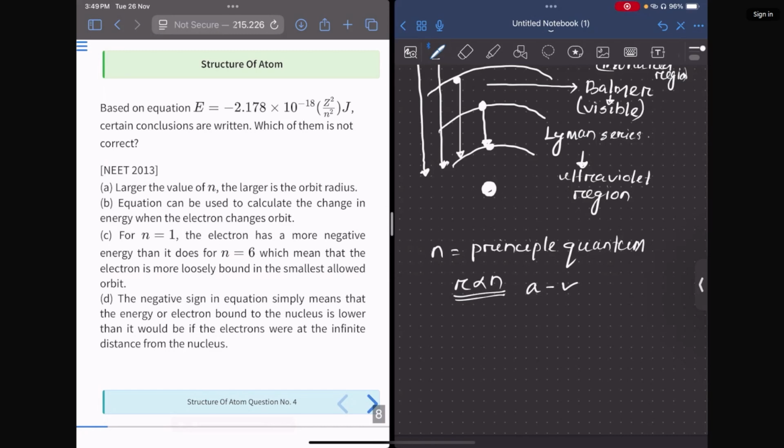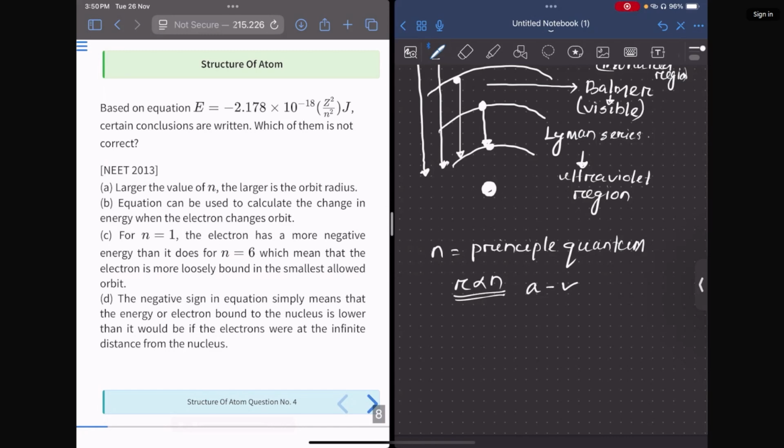Then move on to option B. Option B says the equation can be used to calculate the change in energy when the electron changes orbit. Yes, we can, because this formula E equals minus 2.178 times 10 to the minus 18.